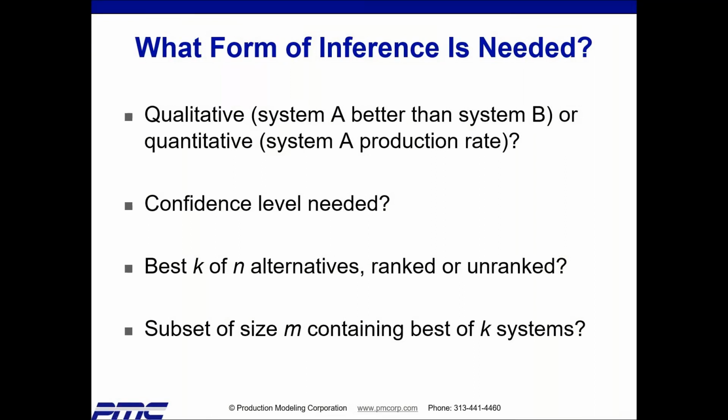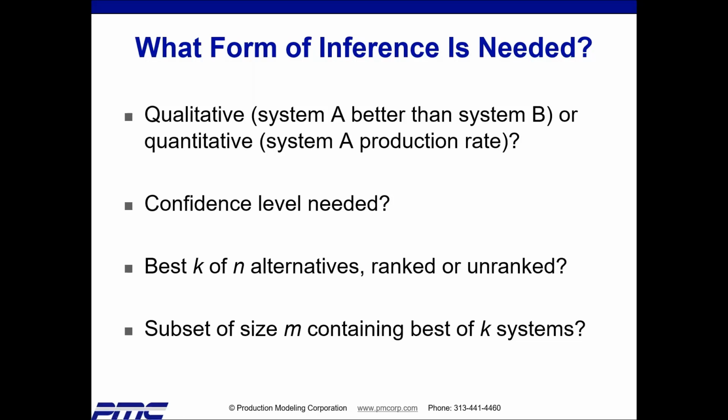Now, the 4 bullet points on this slide represent different types of inference that the decision maker may need for the model. The contrast in the first bullet point is very common. If it's qualitative, the simulation results need to be moderately exact.